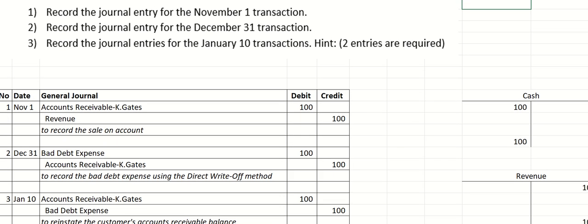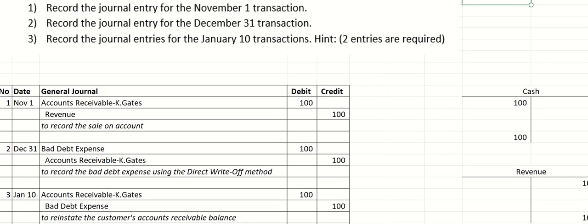On January 10th, Bob received the cash payment from K Gates. So there's a couple of things that Bob needs to do, because Bob did write off the balance on December 31st.